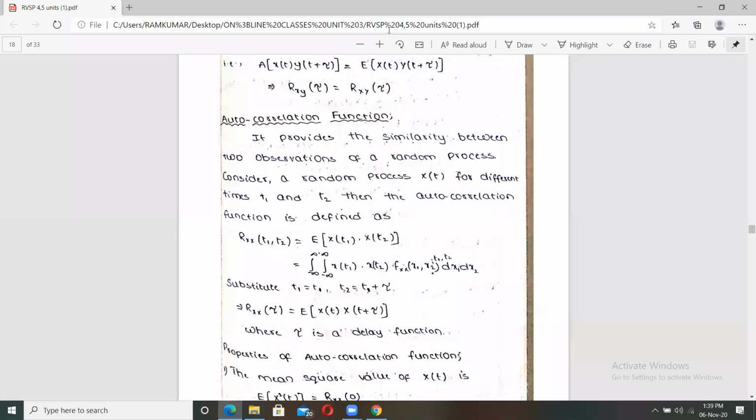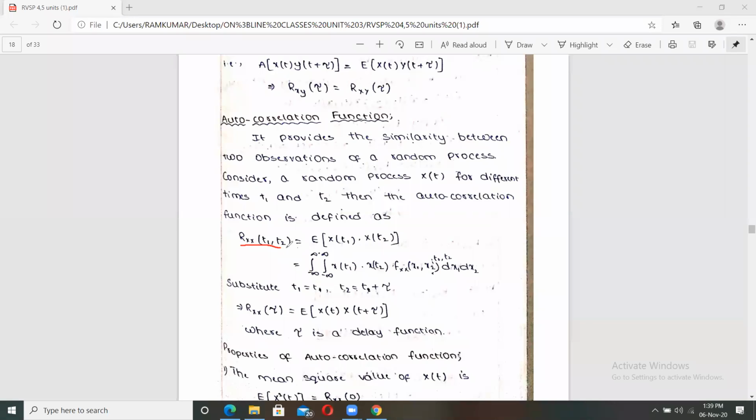Consider a random process x of t for different times t1 and t2. Then the autocorrelation function is defined as R suffix double x of t1 comma t2.